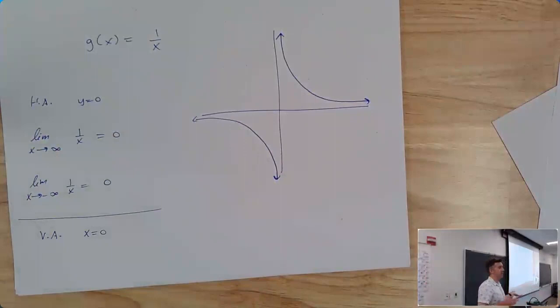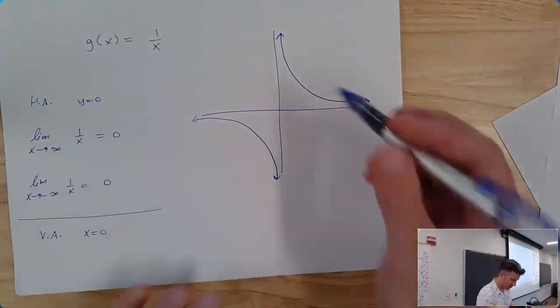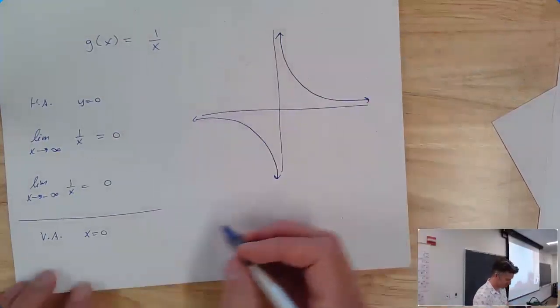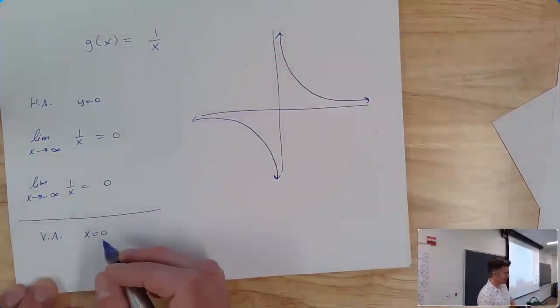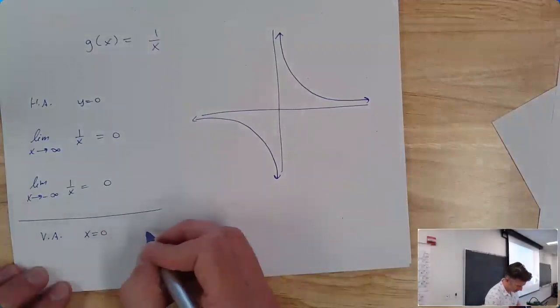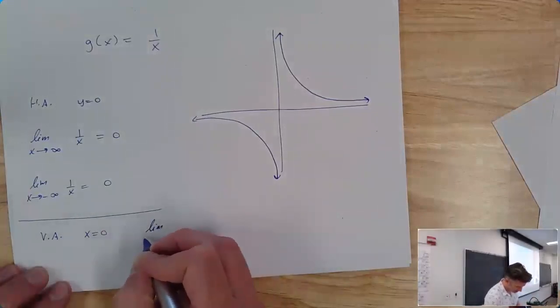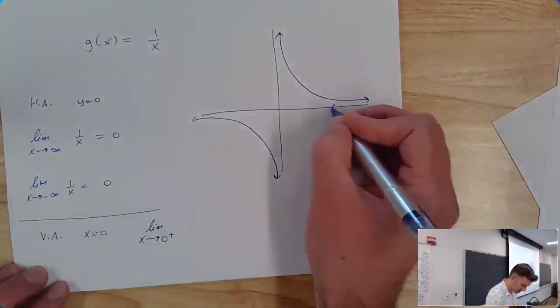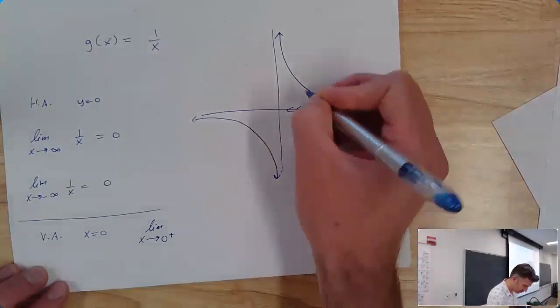But the idea is that you have a vertical asymptote when the function gets very, very positive or very, very negative. So really, the way we'd say this, and I'm going to back off this in a second, is we would say we have a vertical asymptote here because the limit as x gets really, really close to 0 from the right-hand side, so from this side, what's the function doing?